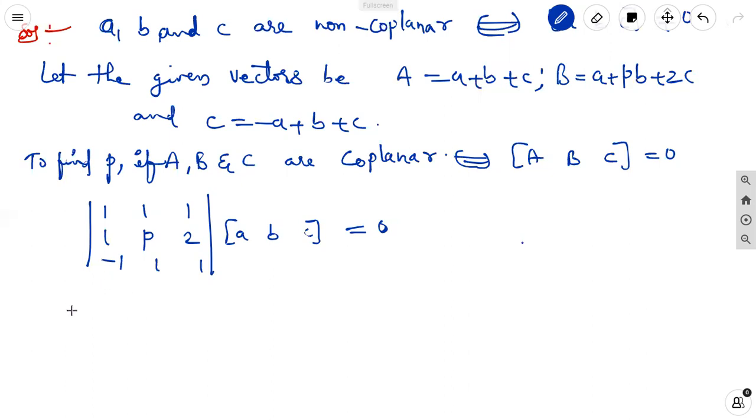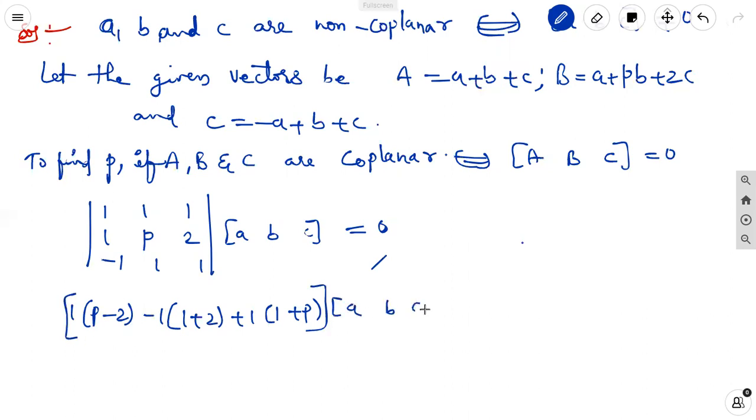Find the determinant: 1 into p minus 2 minus 1 into 1 plus 2 plus 1 into 1 plus p equal to 0, into the volume of abc equal to 0.